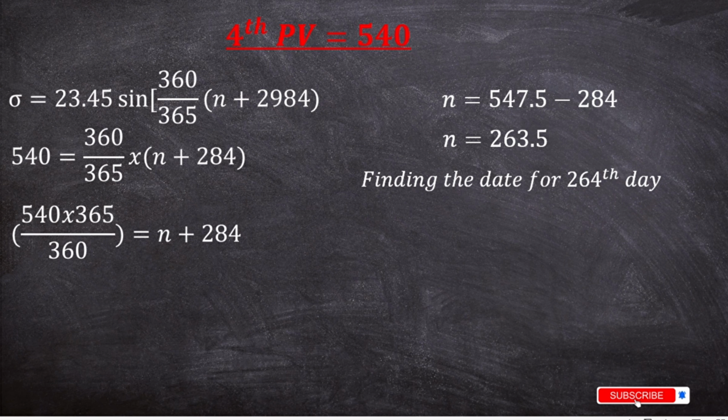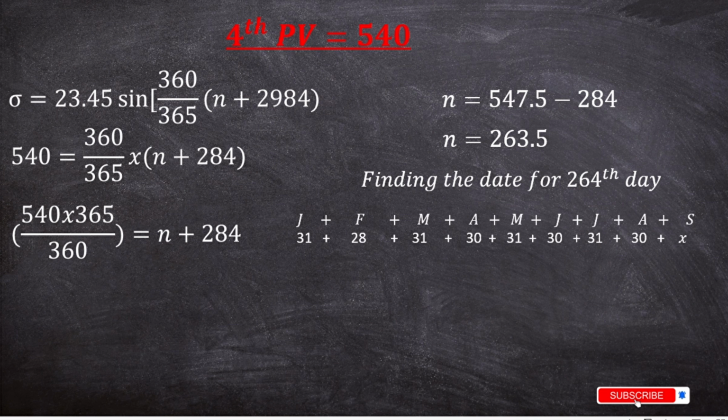Now we may list from January all the way up to that 264th day. So we list January, February, March, April, May, June, July, August, September. We can't write October because it will exceed the nth day, so we leave it at September.